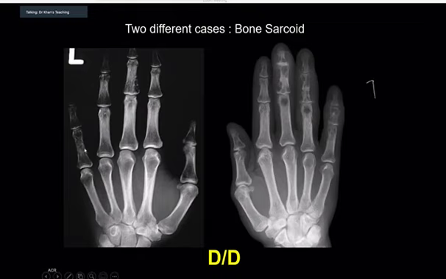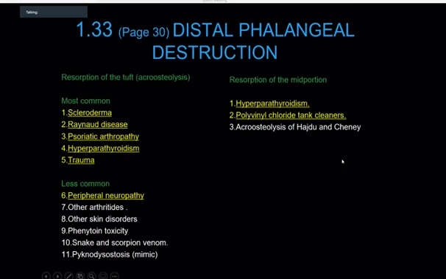Look at this reticular lace-like pattern. Something is sitting here and here also. The film is not very good quality, an old film, and these are other lesions. So consider sarcoidosis whenever you see these kinds of lesions in hands or feet.